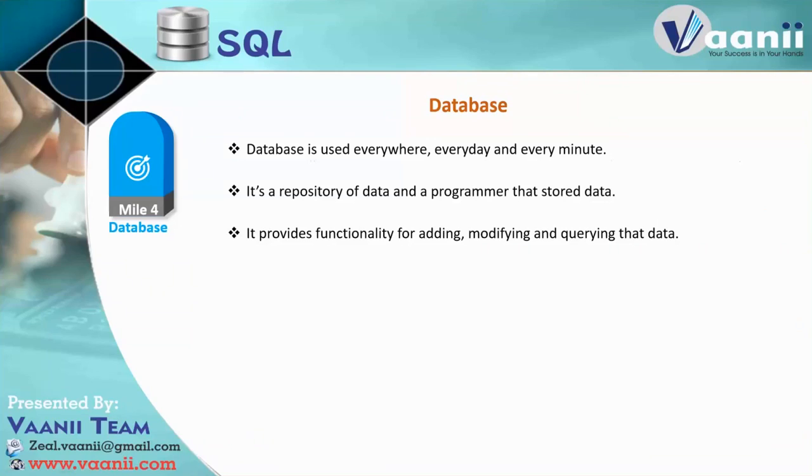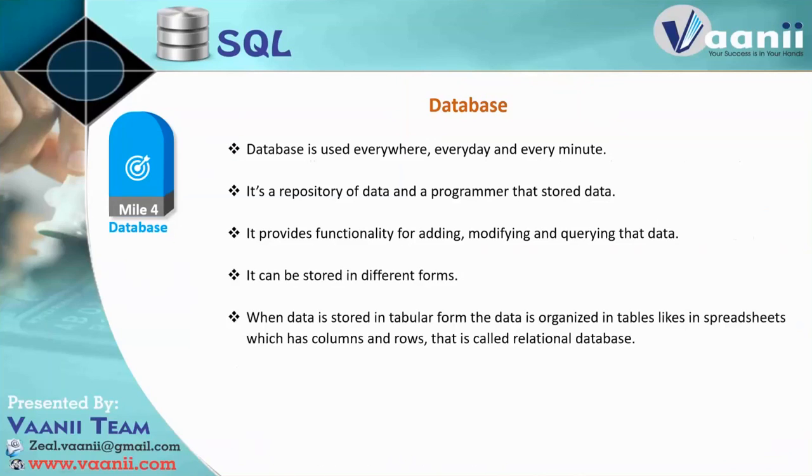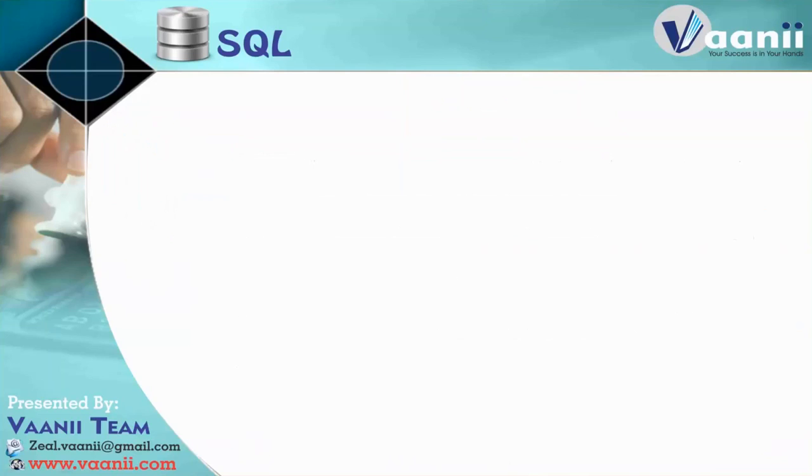So basically in database also we have Excel sheet kind of a structure, and that is called table. So table and a spreadsheet will be almost similar, okay? Then how we can relate it? So let me just show you.